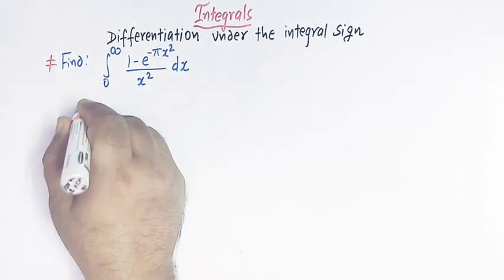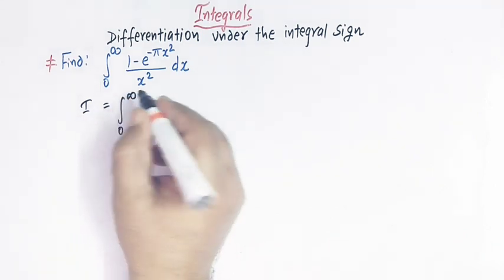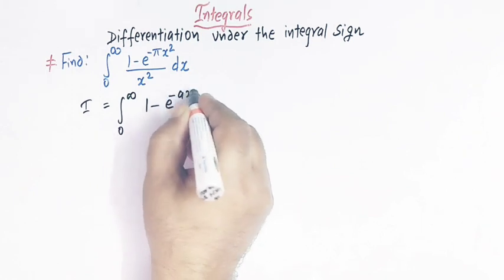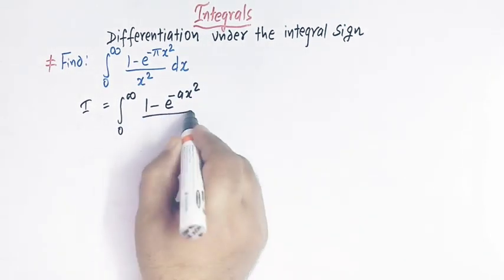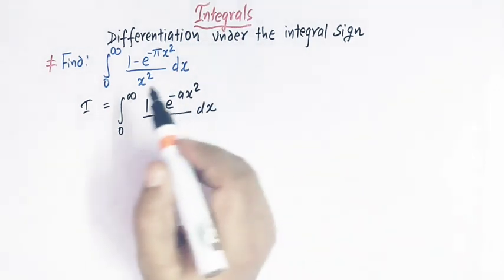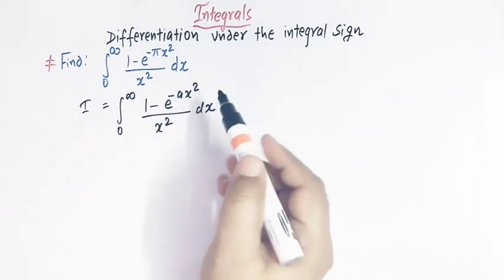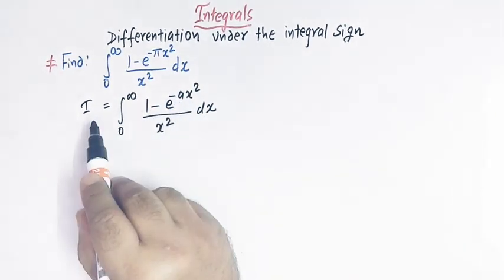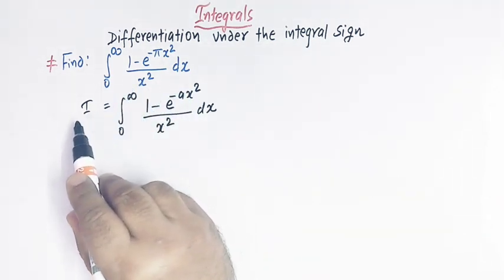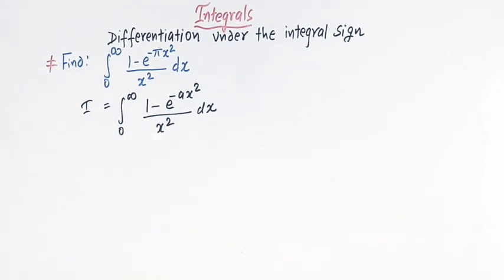So here I will take the integral from 0 to infinity of 1 minus e raised to minus ax square, divided by x square, dx. Here we'll introduce a parameter a in the integral so that we can differentiate this integral I with respect to this parameter a.